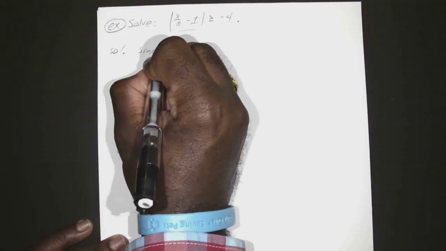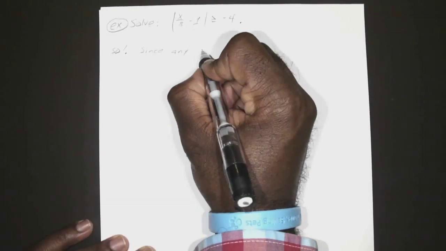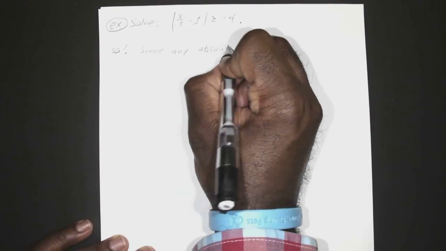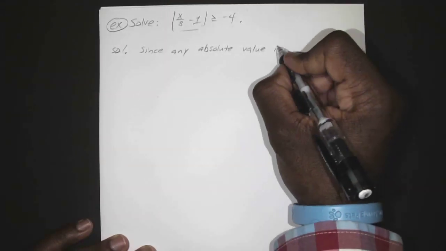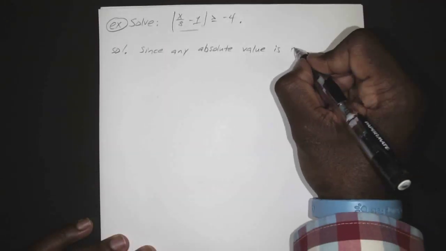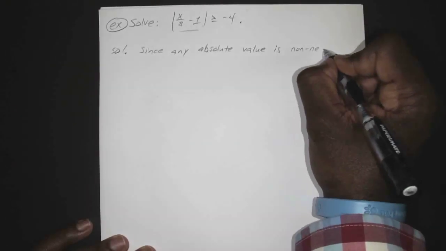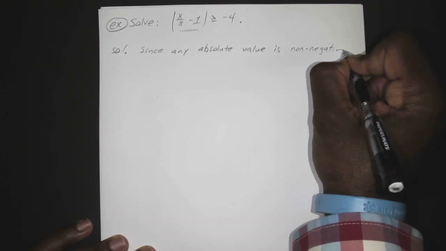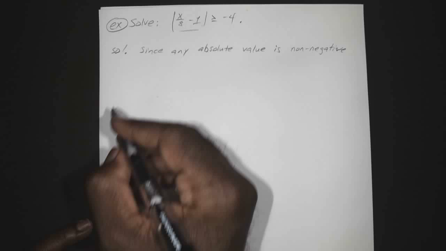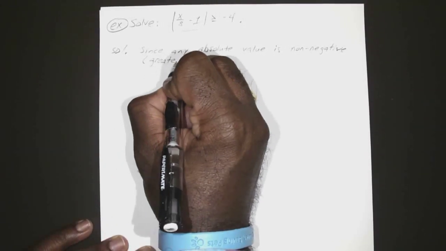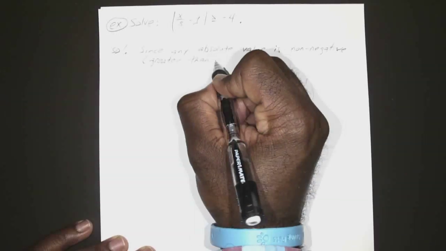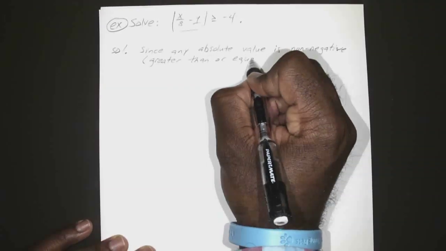Okay, so since any absolute value can't say positive, it's more like non-negative, because it can be 0. So that just means greater than or equal to 0.